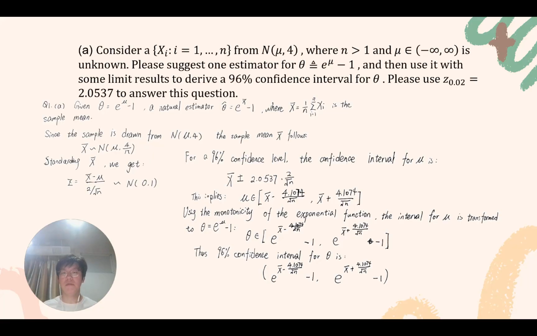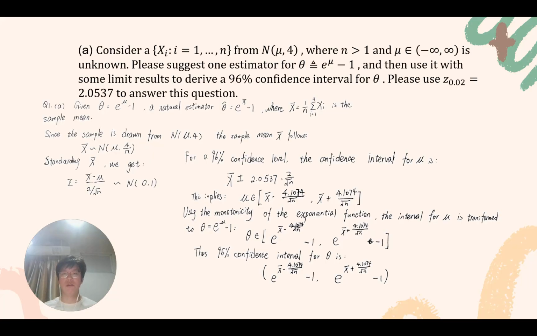Since the sample obeys the normal distribution, we can standardize it, and then we get a 96% confidence interval for mu, which is x bar plus or minus 2.05737 times 2 over the root of n.